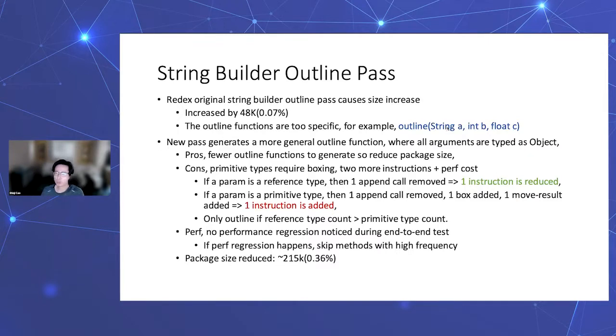So for primitive types, we will remove one append call instruction, but add two more instructions.